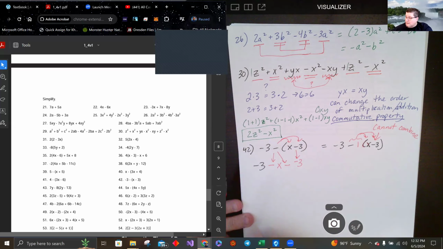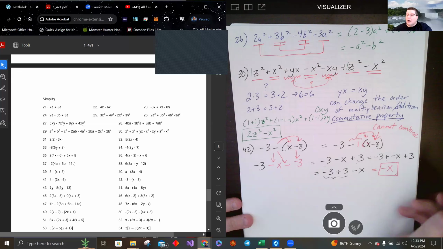These two combined, that's 0. This just ends up being negative x. Or you can recognize right here that they're just the numbers and you can add them together. We want to go left to right, but this is really what's going on. With addition, we have the commutative property. We can change the order around.